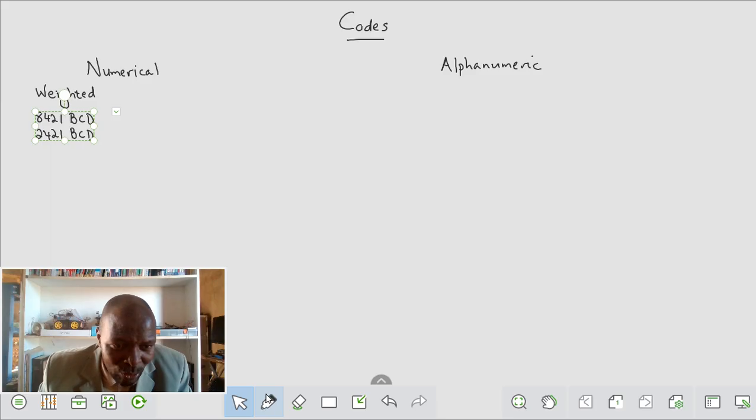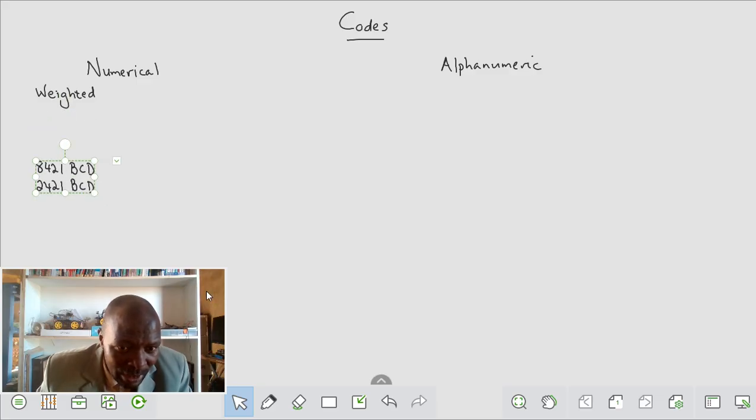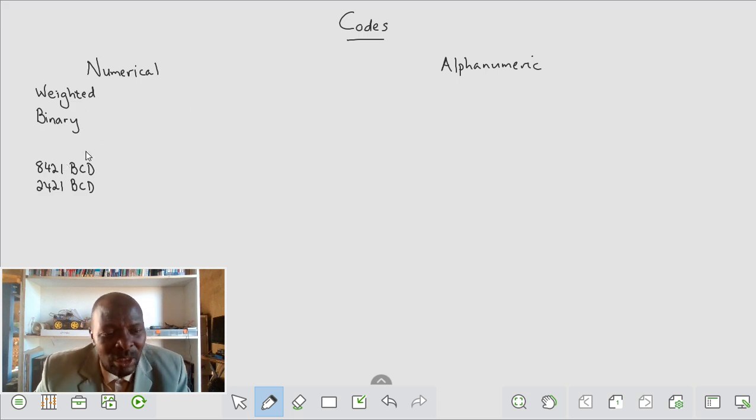The very first one I should have mentioned here is binary itself, because it is a code. We can represent any number in binary, so we can encode anything into binary, into sets of ones and zeros. The 9 will be changed into 1001.